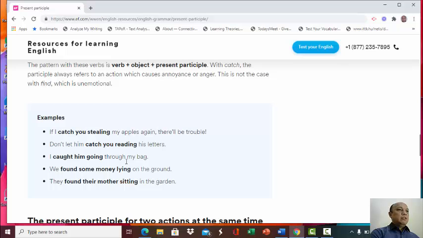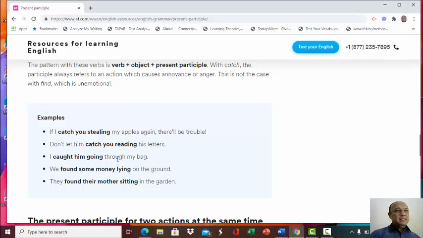I caught him going through my bag. Again, this is catch, but in the past tense. Yeah. Then you have the object, then you have going through, which means taking something out of the bag, trying to find something in your bag, which is not good, right? You would find it very annoying, yeah?